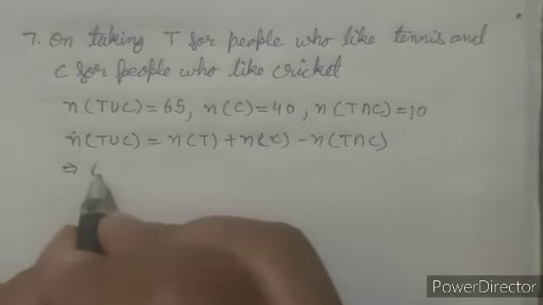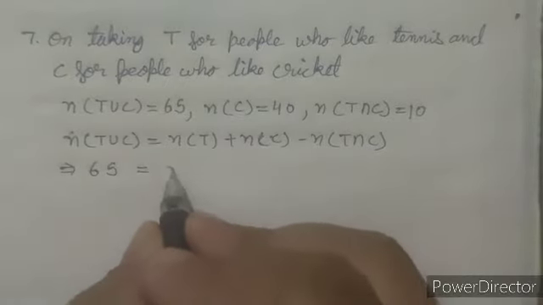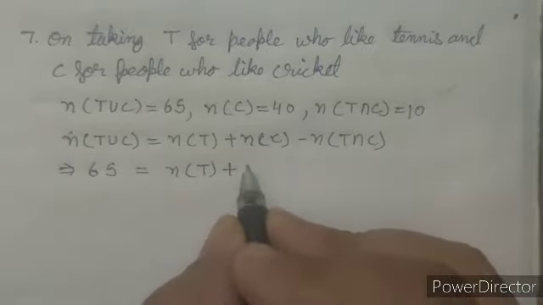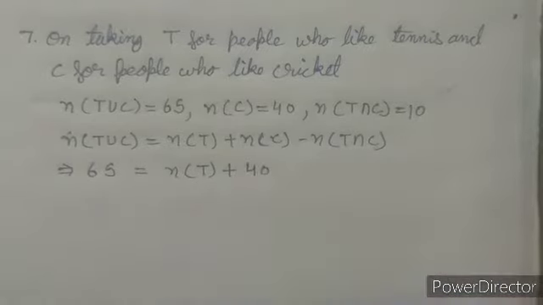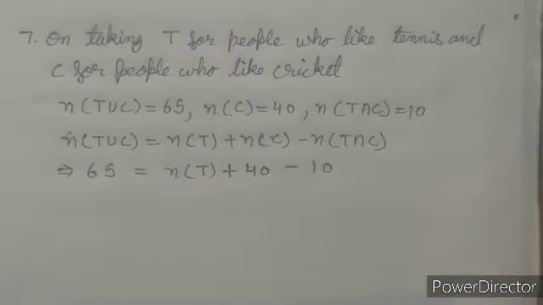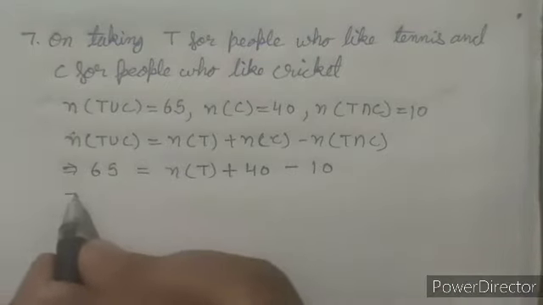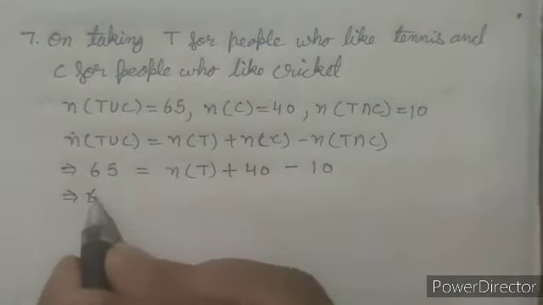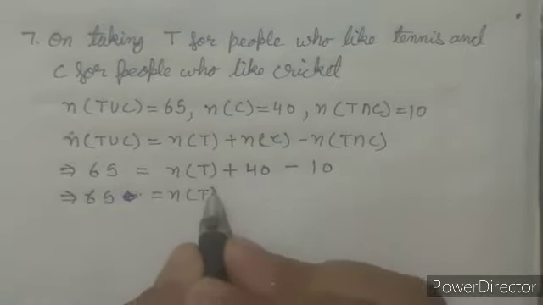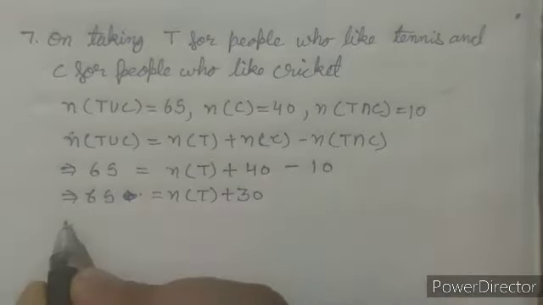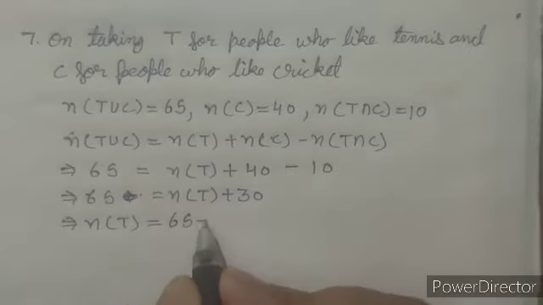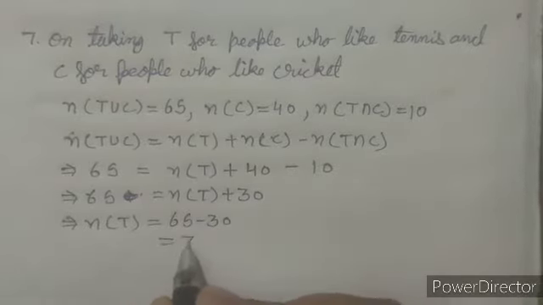Now n(T union C) is given to us as 65, n(T) is the number of people who like tennis, which we have to obtain, n(C), the number of people who like cricket, is 40, and n(T intersection C), the number of people who like both tennis and cricket, is 10. Now this will be 65 equal to n(T) plus 30, or we can say n(T) equal to 65 minus 30, that is equal to 35.